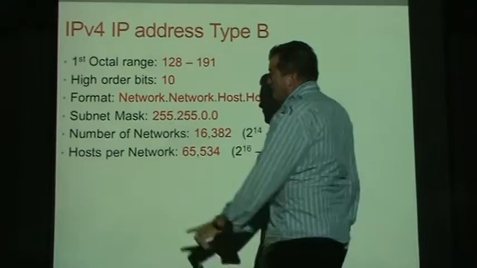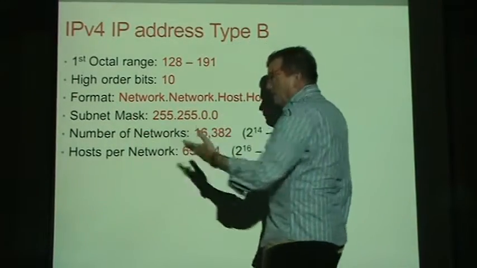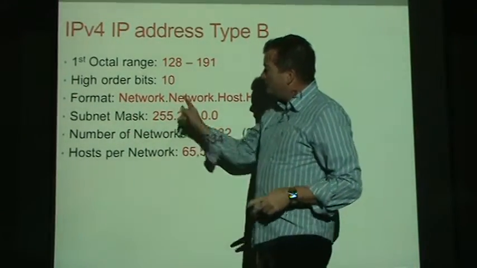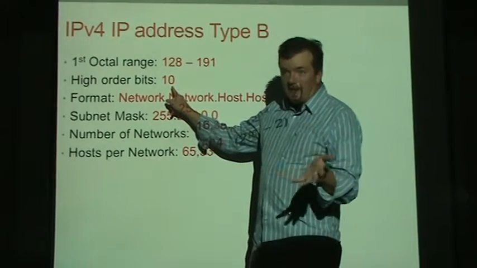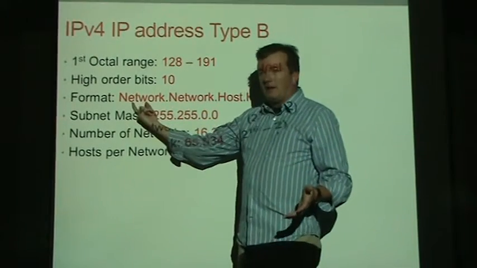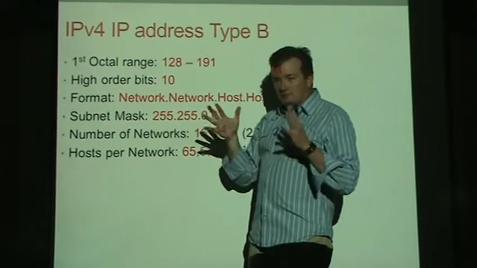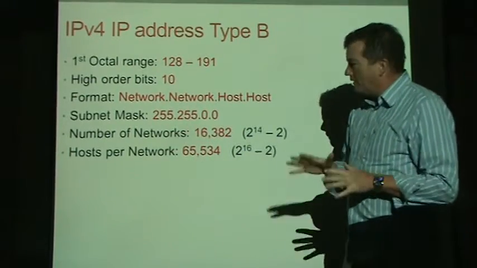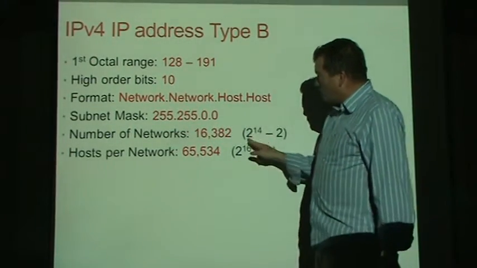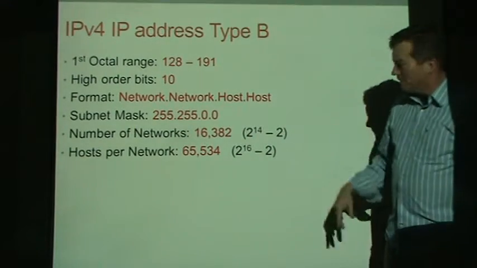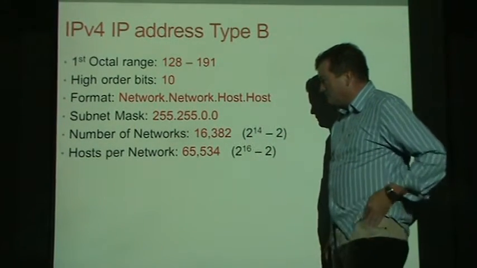So, how many different type B networks are there in the world? Well, we have to use 2 bits just to identify it as a type B, and then the remaining 14 bits tells you which network of type B it is. So that would be 2 to the 14, once again, -2. Right? The all zeros and all ones, of special use.